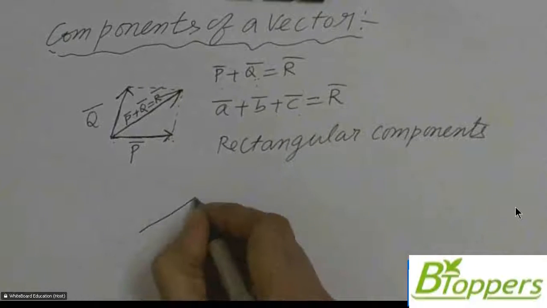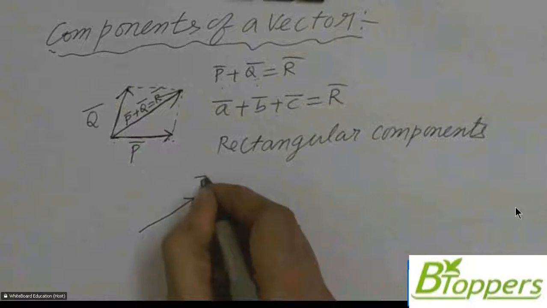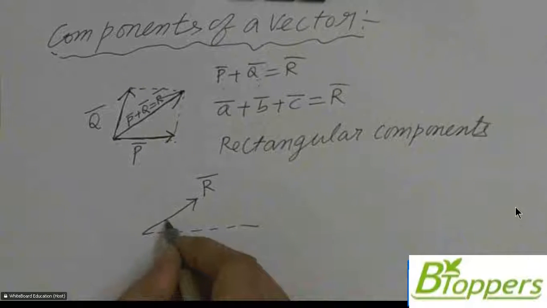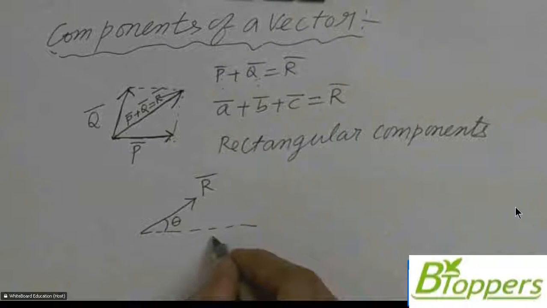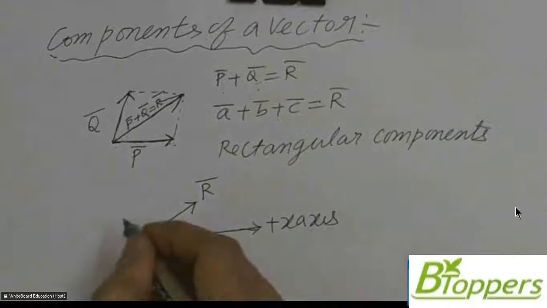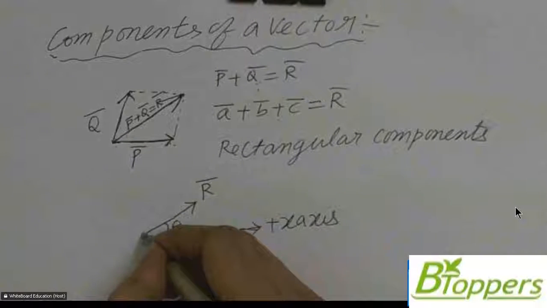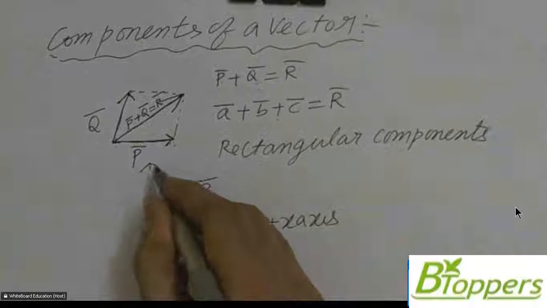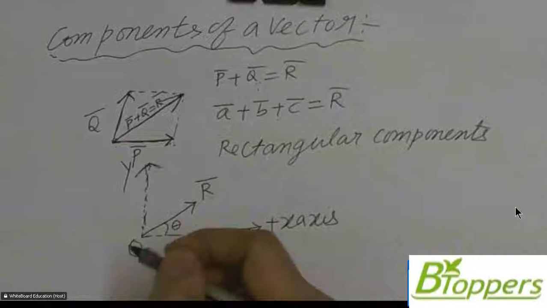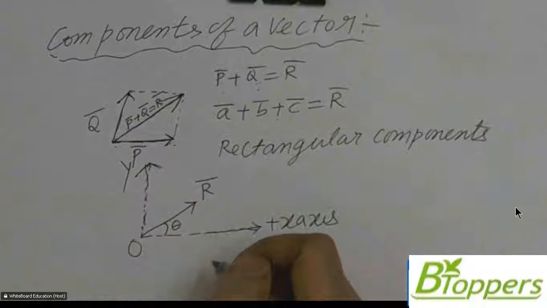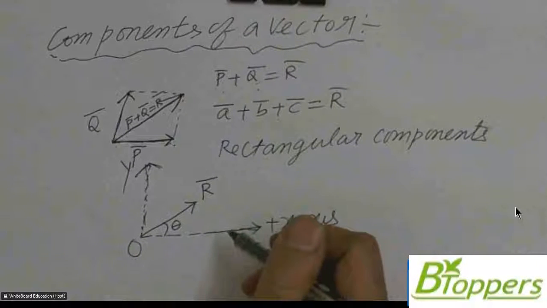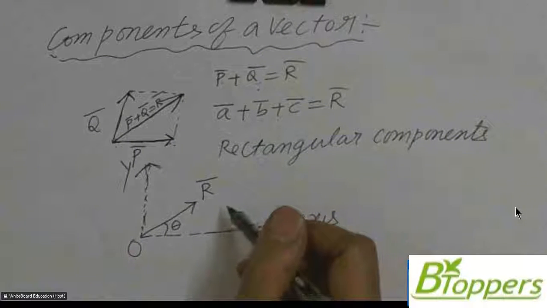Suppose a vector r bar makes an angle theta with the positive direction of the x-axis. Let us suppose the vector r bar lies in the xy plane. That means we are discussing how to find the two rectangular components of a vector in two dimensions.